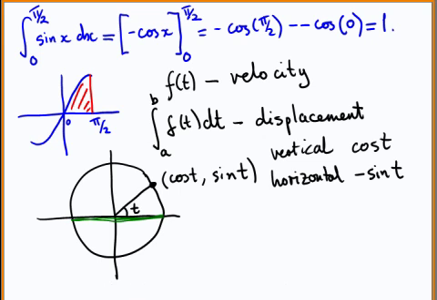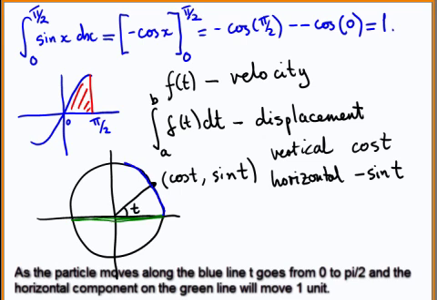And we're saying that as it goes a quarter of the way round the circle, between 0 and pi over 2, then it will have covered 1 unit of distance, which is the radius of the circle, between 1 and 0.